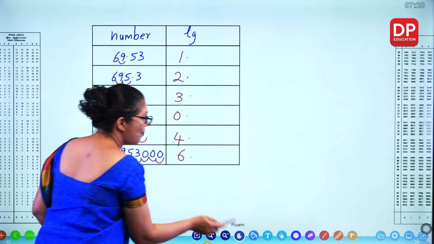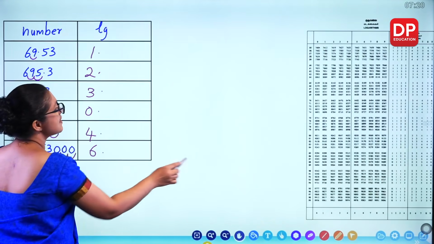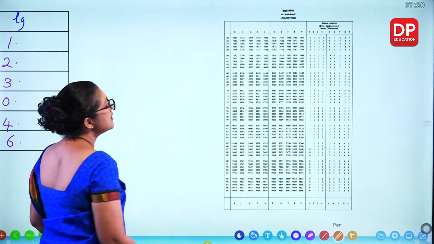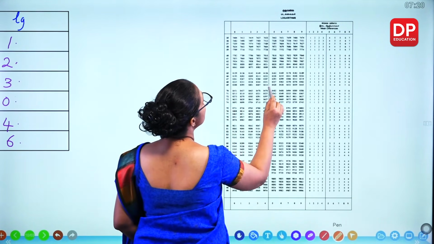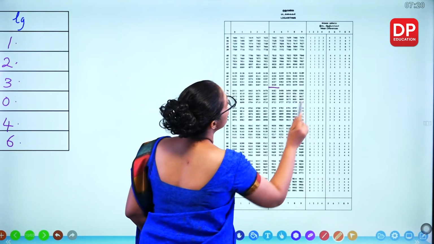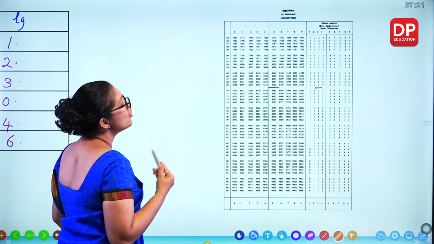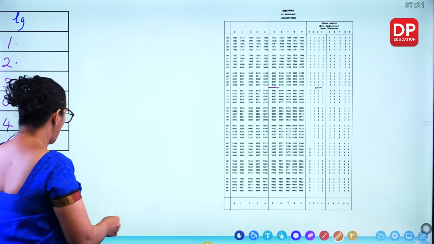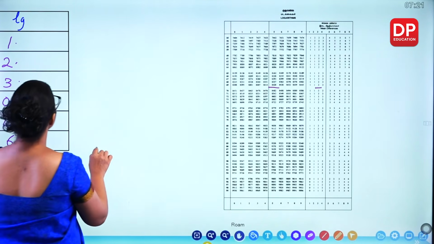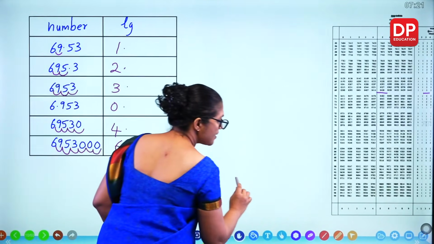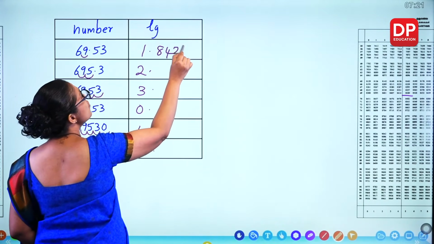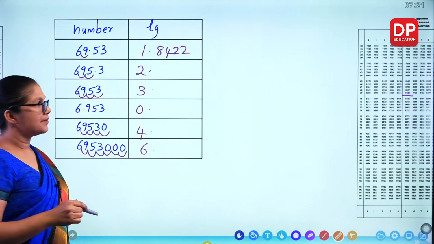Now, how do we get the mantissa value? 6953. Which table? The second table. So refer the table: 6953. 3 is 2, so you need to add 2 to that. 8422. You can write down here, 8422 is the mantissa value.